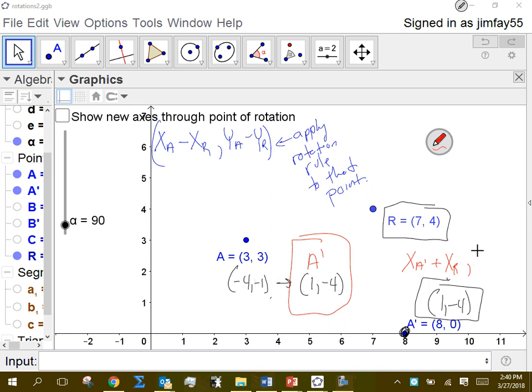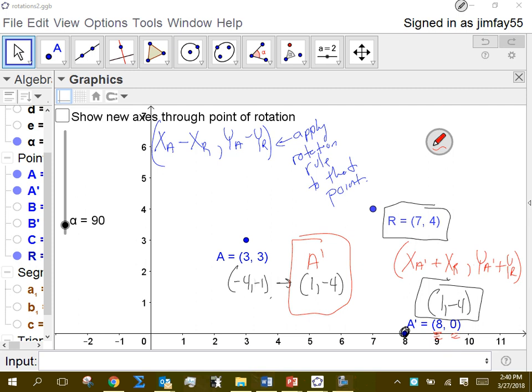And then it's taking the y value of A prime and adding to it the y value of your rotation. If this is A prime, 1 plus 7 gives me 8, and then -4 plus 4 gives me 0. Does that make sense, everyone?